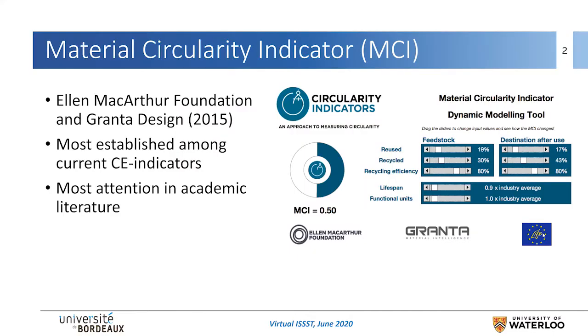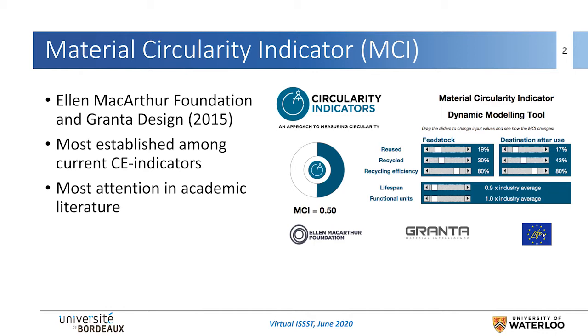So the material circularity indicator is a circularity indicator that can be applied at the product level and company level, but this is one of the first indicators that have been developed for products, in 2015 by Ellen MacArthur Foundation and Granta Design.